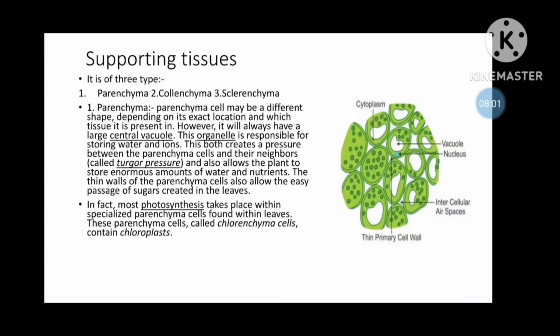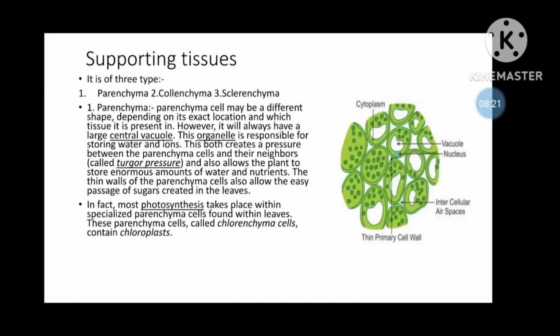Due to the increased water amount inside the cell, it creates a turgor pressure, and this turgor pressure allows the plant to transport the water to the tip of the plant.